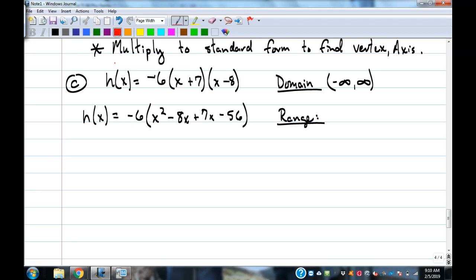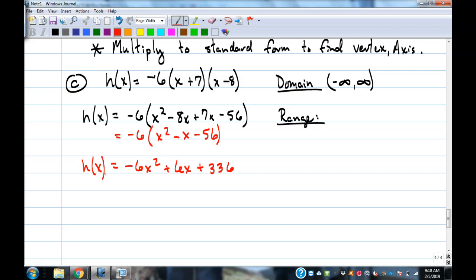Simplify that: x squared minus x minus 56. And then distribute the -6: -6x squared plus 6x plus 336. So there's our standard form now.